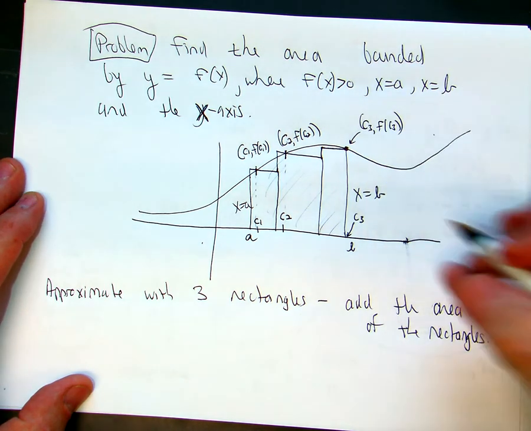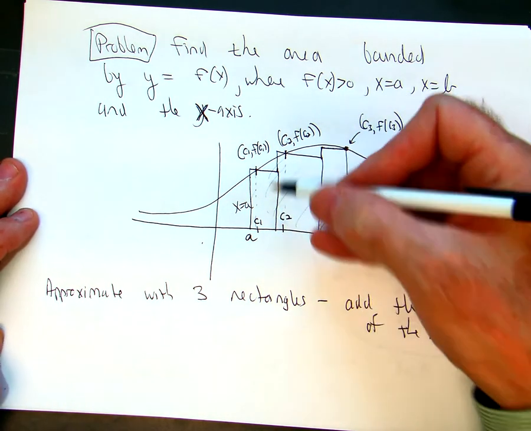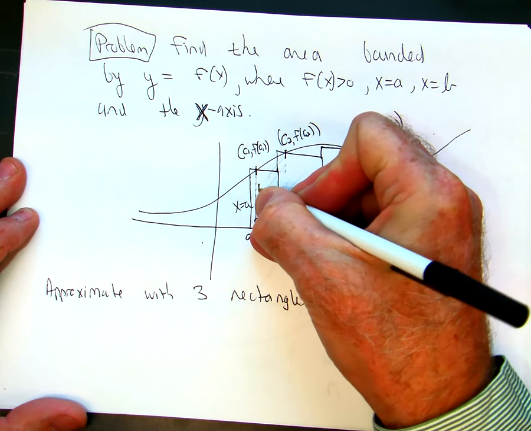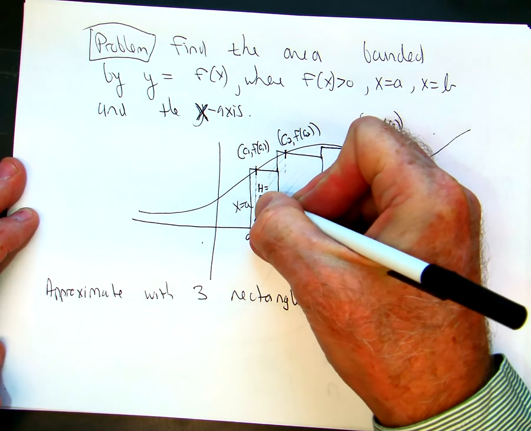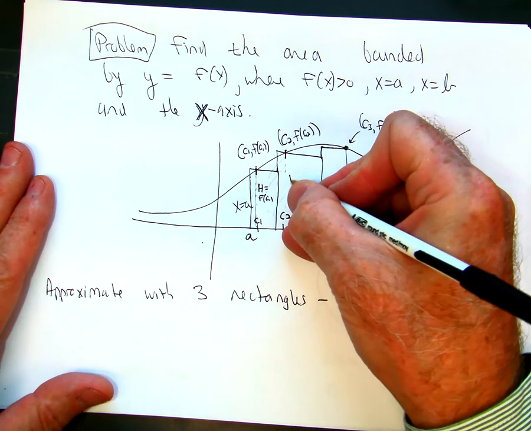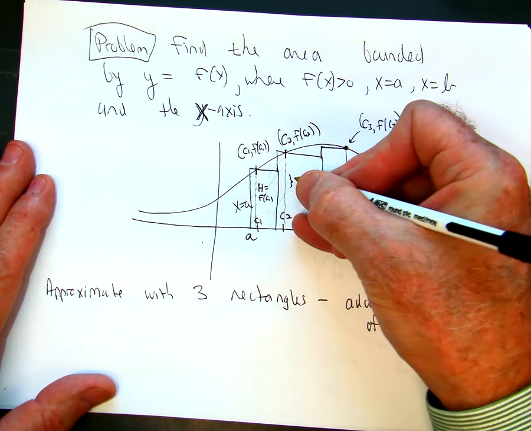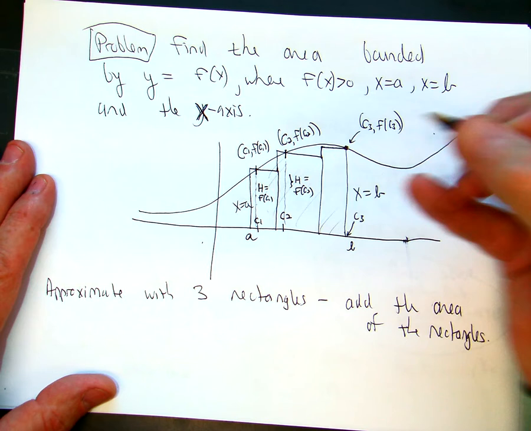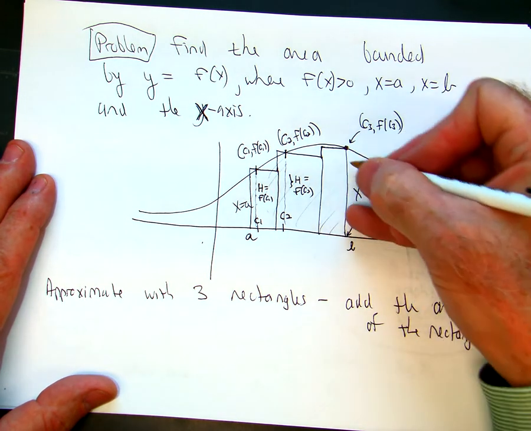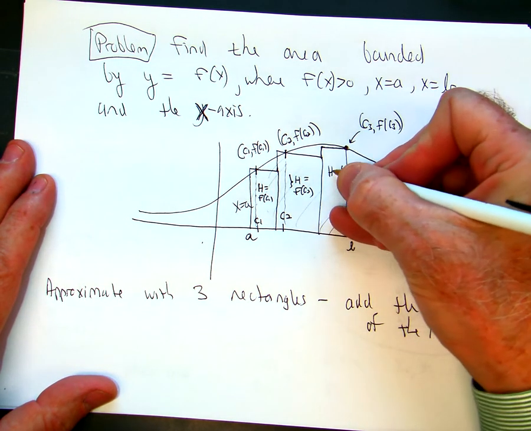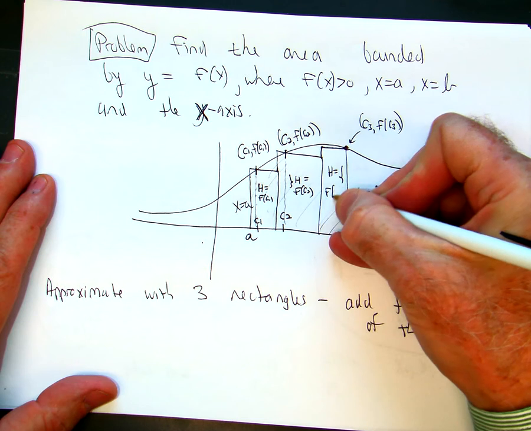And notice that the height of each rectangle is this number right here. That height is f of C1, from here to here. This height is f of C2. And this height over here is f of C3.